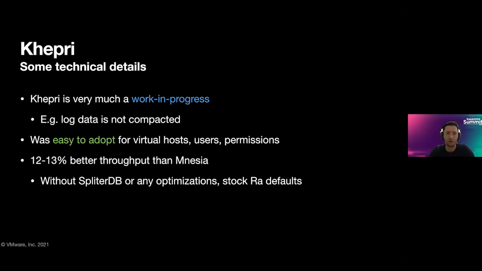As mentioned earlier, it was easy to adopt for virtual host users and permissions without any optimization and any detail to efficiency. It offers double-digit throughput improvements over Mnesia. And this is all stock raw defaults, no Splinter DB, literally nothing. The smallest possible Ra-based state machine that we could come up with.